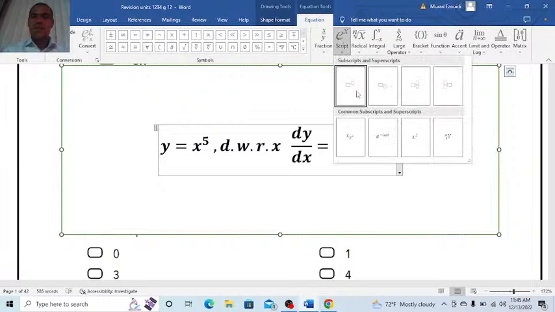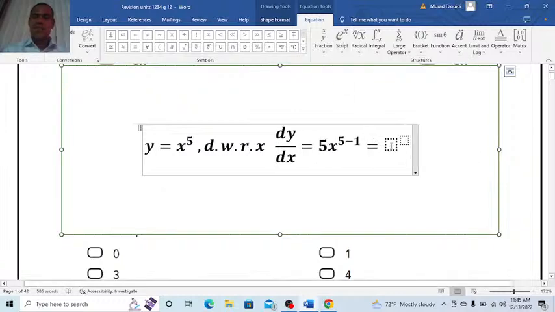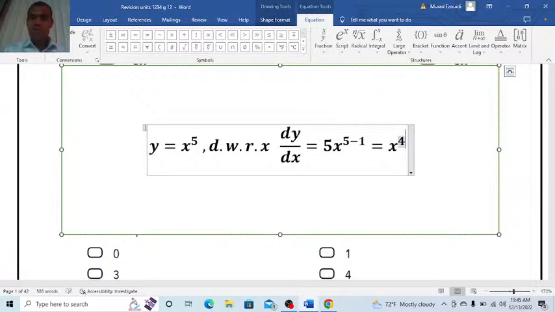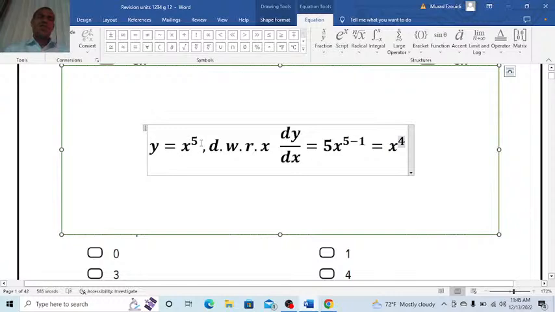Therefore this is the last answer for this question. This is the first derivative of the function x to the power 5.